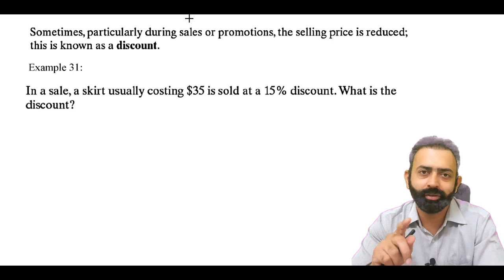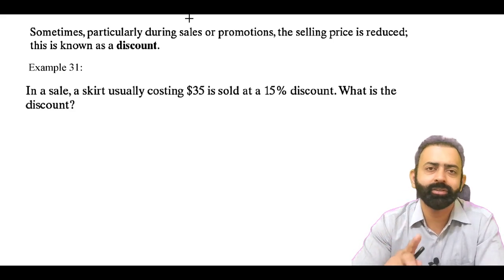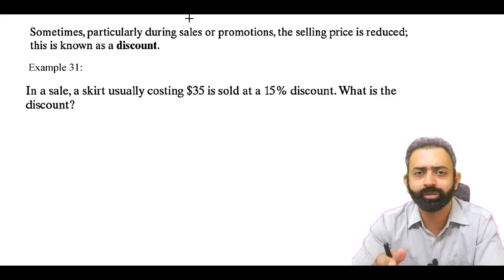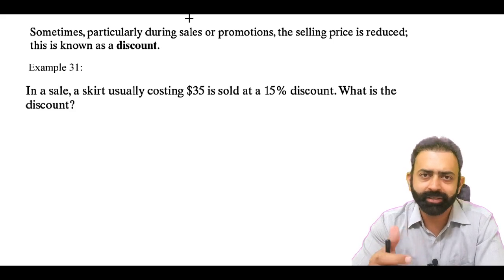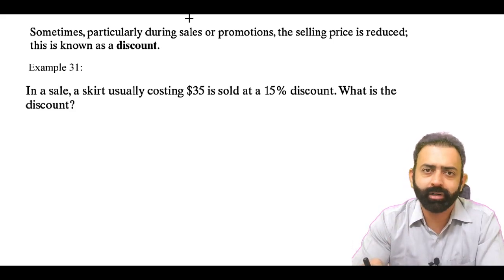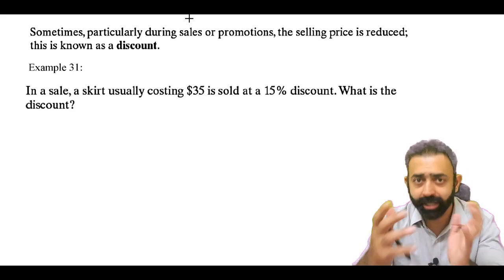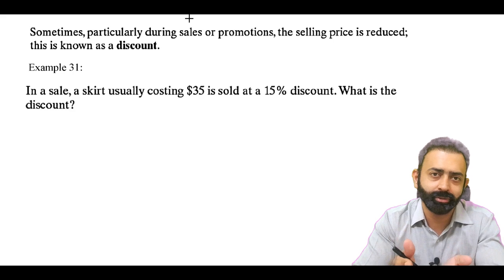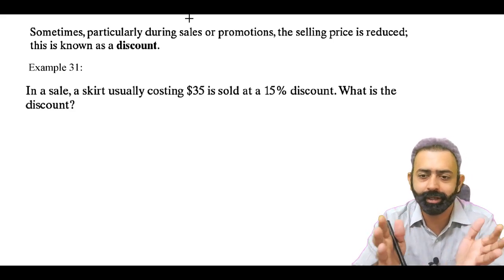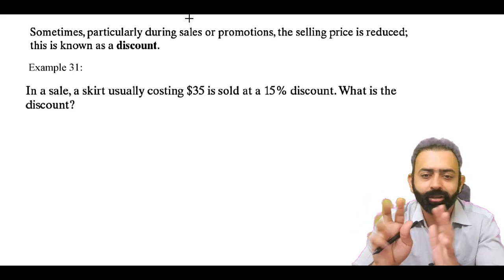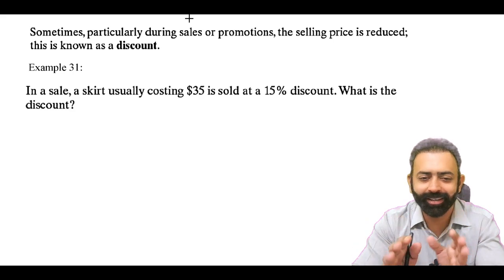It is not always that shopkeepers or brands increase the marked price compared to the cost price. Sometimes the marked price can be equal to the cost price also. It depends on the honesty of the brand. So leaving that controversial thing apart, we just stick to our mathematics.